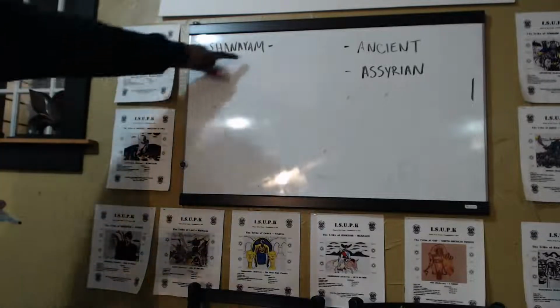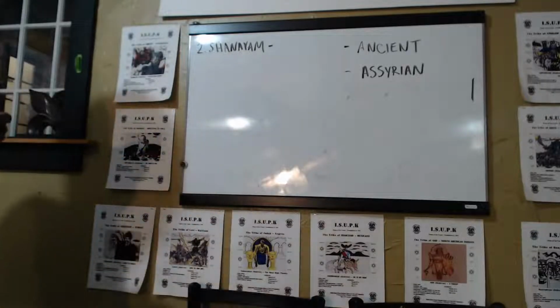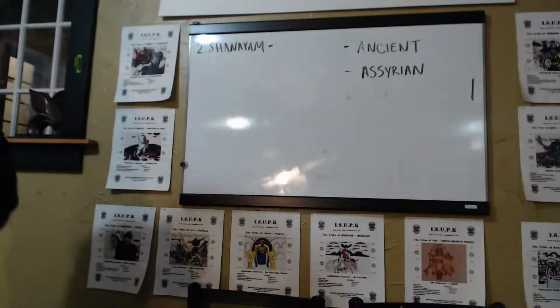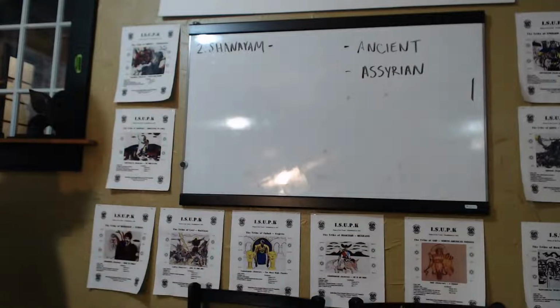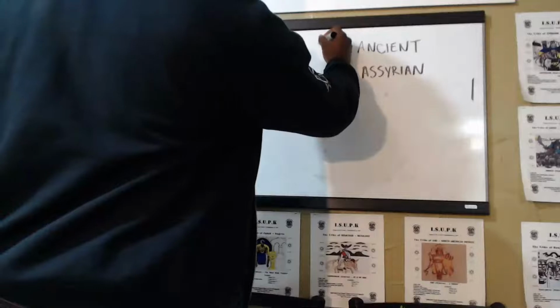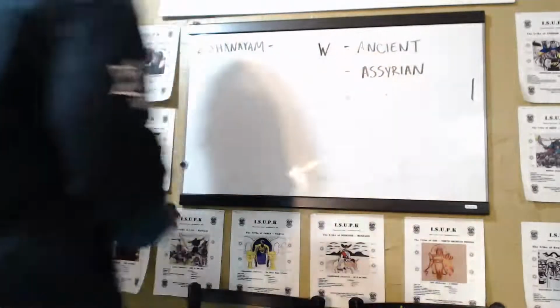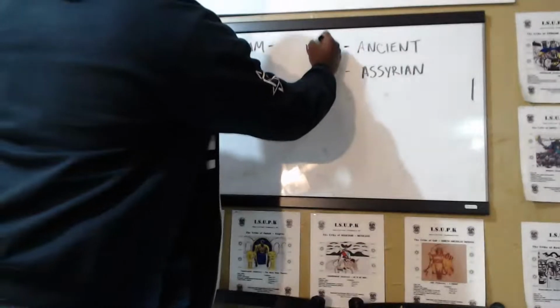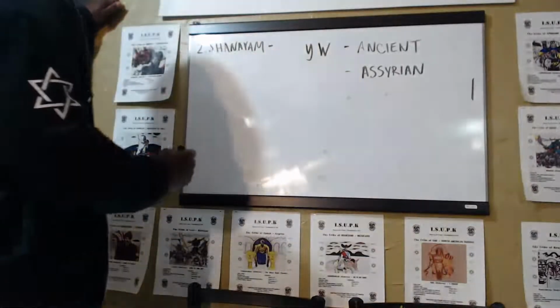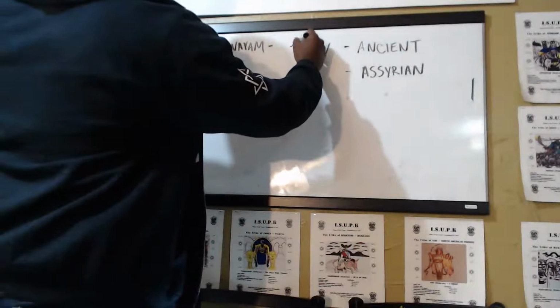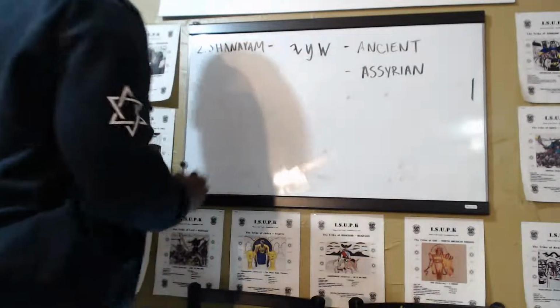Number 2 is Shanayim. Shanayim. All right. So if you're writing that out in ancient Hebrew, you'll need the sh, and then the na, and then the ya, and then the ma.